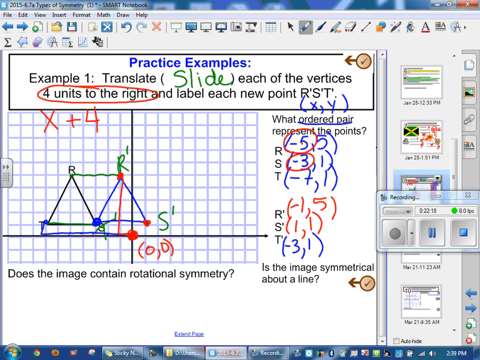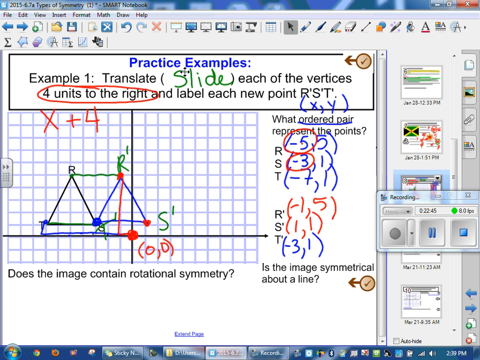Okay. Now, if I look at that image, does it contain rotational symmetry? Can I rotate that and make it sit on top of itself? Is that possible? Well, the new image. Does it contain rotational symmetry? No. But does it have line symmetry?